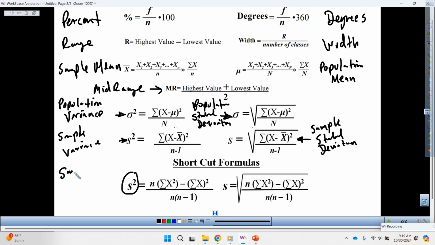Sample. Yeah, sample variance. Shortcuts. I even left it here. Shortcuts. And of course, this one is what? Sample standard deviation, bless you, shortcuts. Now you have all the names.